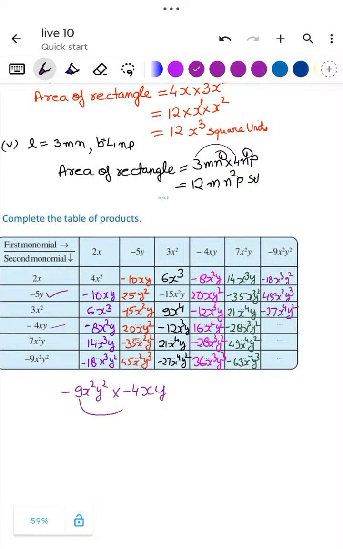So negative 9 into negative 4 will give positive 36. x to the power 2 and this is 1, so this will give x to the power 3. y to the power 2 and this is 1, so this will give y to the power 3. So the answer will be 36x cube y cube.